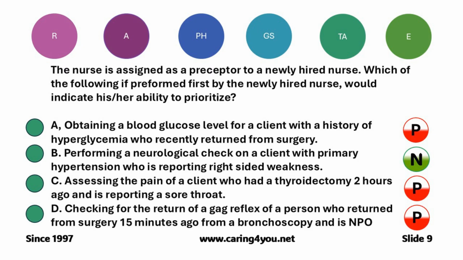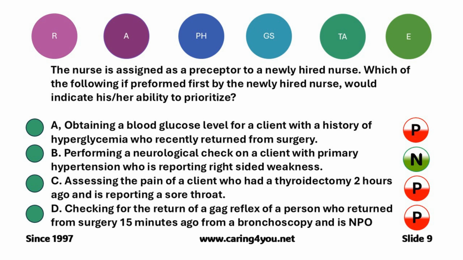All right, let's read B. Performing a neurological check on a client with primary hypertension who is reporting right-sided weakness. Is this happening tomorrow? Did this happen a few minutes ago or a couple hours ago? Do they have a history of it? No, it's happening now. So put an N for now.